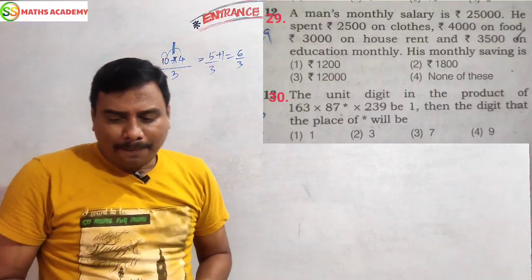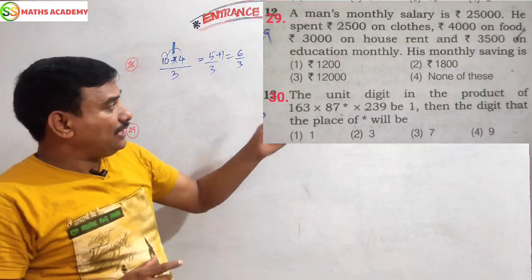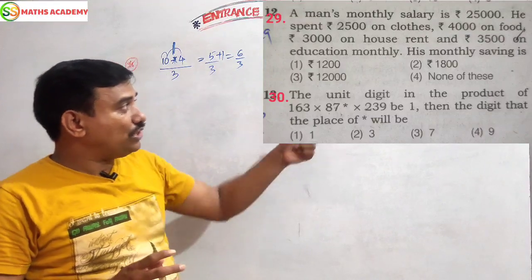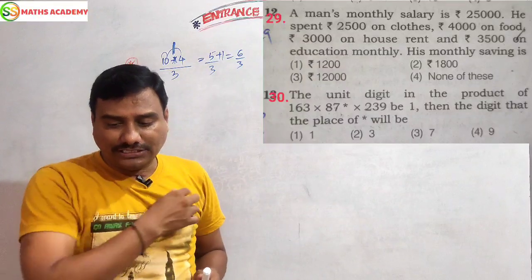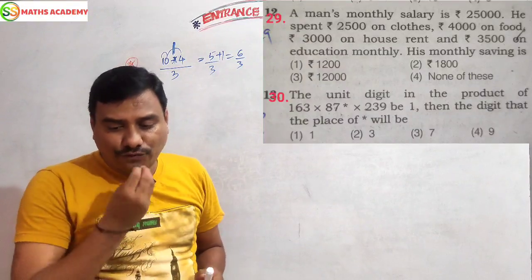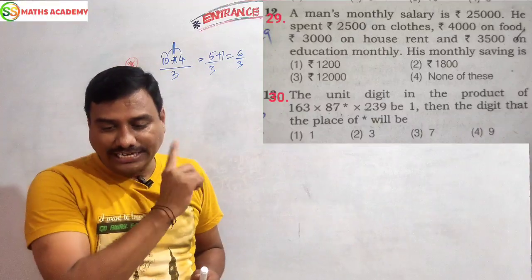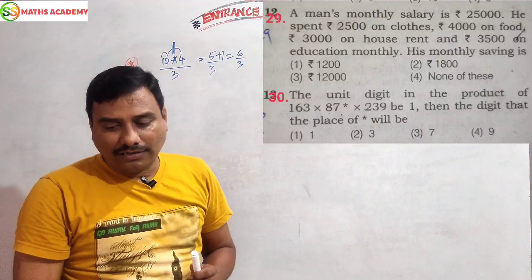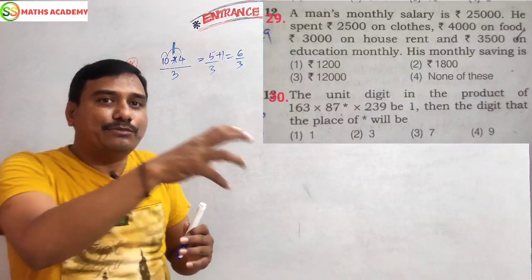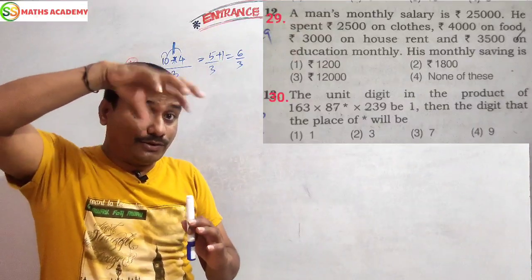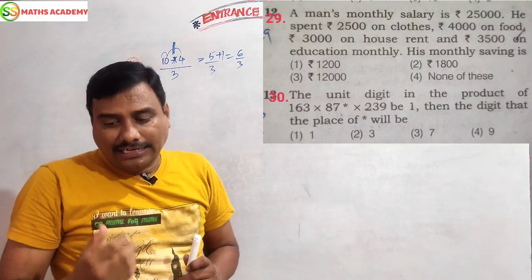Next, the 29th question. A man's monthly salary is 25,000. He spent 2,500 on clothes, 4,000 on food, 3,000 on house rent, and 3,500 on education monthly. Out of 25,000, he spent some amount every month. What is his monthly saving?